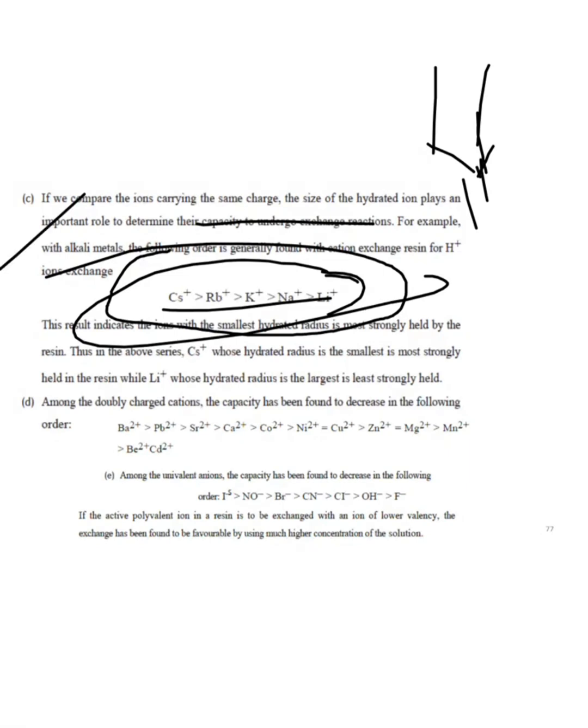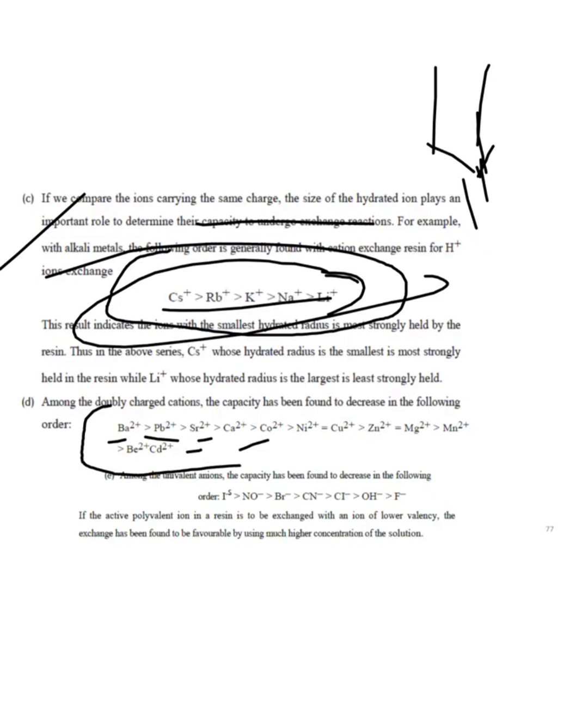The next factor is ions having the same charges, for example Ba2+, Pb2+, Ce2+, Ca2+, Co2+ and Ni2+. Here the capacity has been found to decrease in the following order.